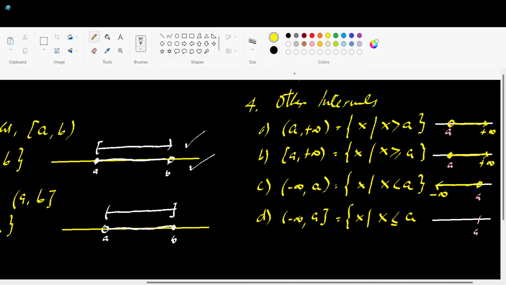Now, please take note, for letter C, you do not write a to negative infinity. That will be wrong. You always start with the lower number at the left and the higher endpoint number at the right. So you should not interchange the endpoints. And finally, x less than or equal to a. So that means all numbers to the left of a, including a. So from negative infinity to a.